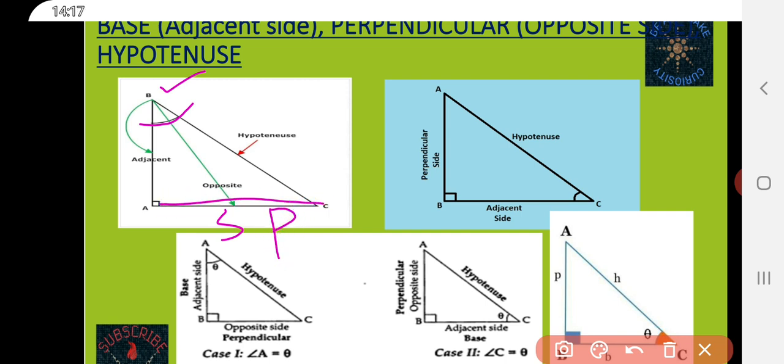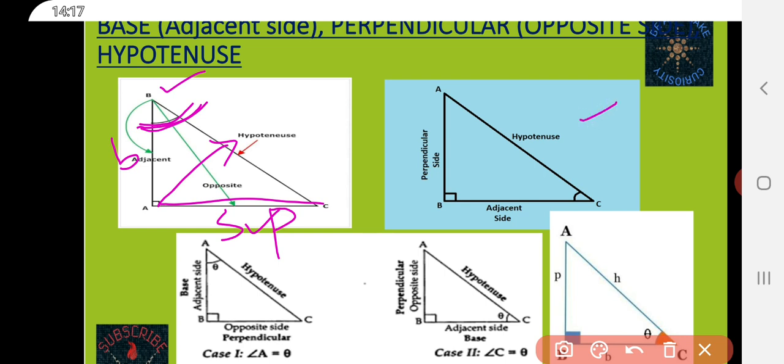Remember it. And always remember, the side opposite to the right angle is called hypotenuse, and the side adjacent to the angle B is your base.